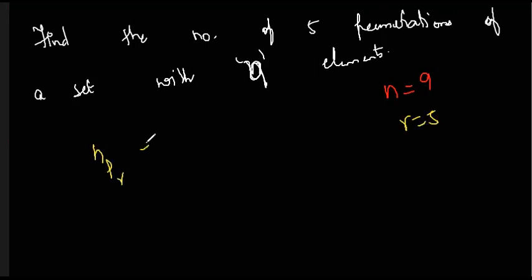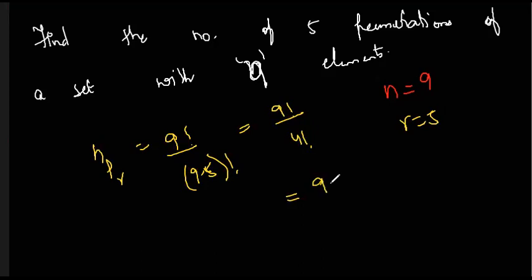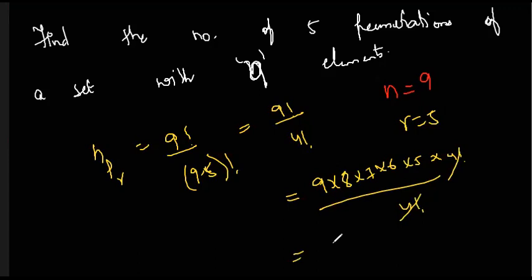Again, apply the formula NPR, which will be 9 factorial by 9 minus 5 factorial, which is equivalent to 9 factorial by 4 factorial. And it can be written as 9 into 8 into 7 into 6 into 5 into 4 factorial, that is 4 into 3 into 2 into 1, by 4 factorial.